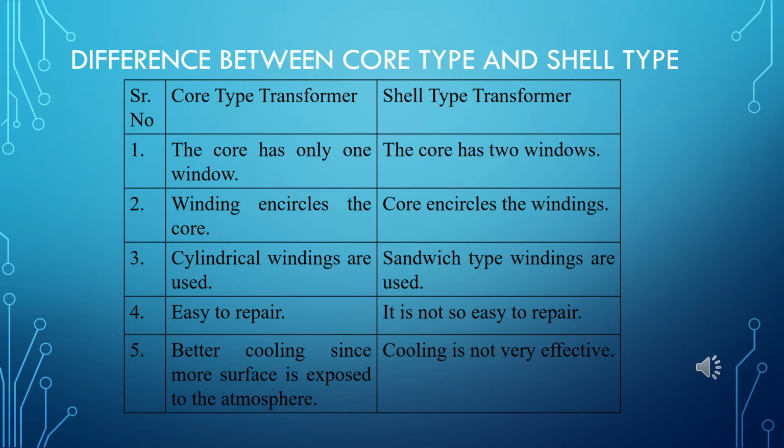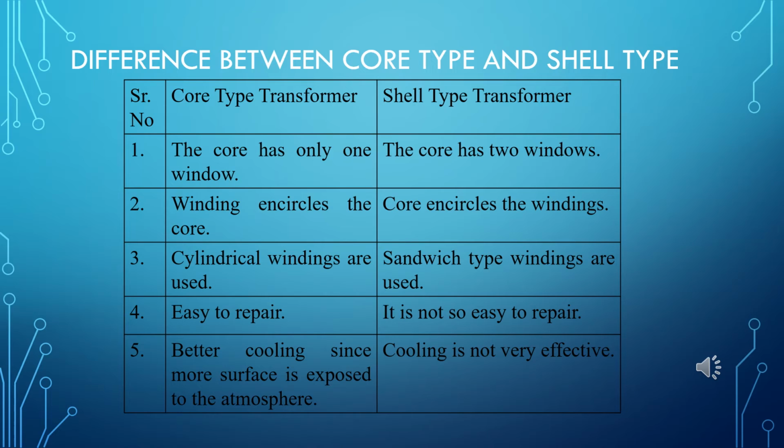Difference between core type and shell type transformers. The core type transformer has only one window, whereas the shell type transformer has two windows. In core type transformers, the winding encircles the core, whereas the core encircles the winding in shell type transformers. In core type transformers, cylindrical windings are used, whereas in shell type transformers, sandwich type windings are used.